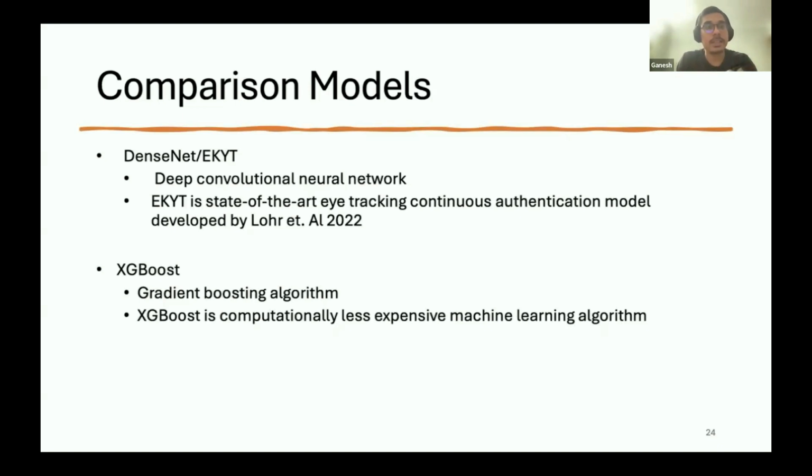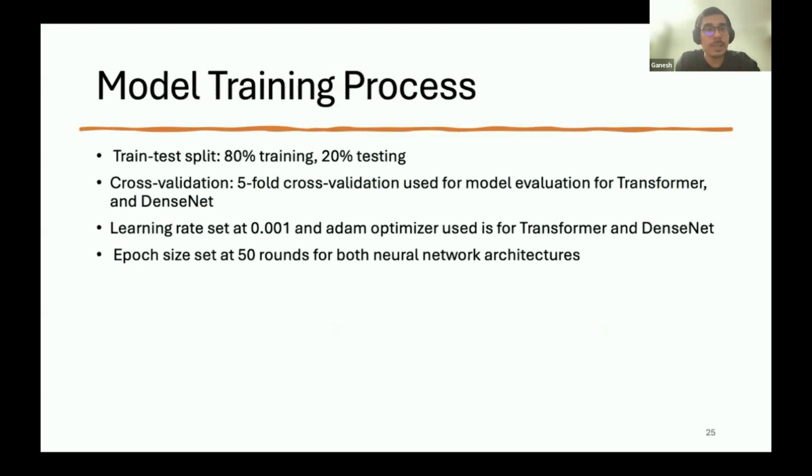DenseNet is a deep convolutional neural network, and there is research already done using this architecture. So we use these 2 models to compare with our transformer model.